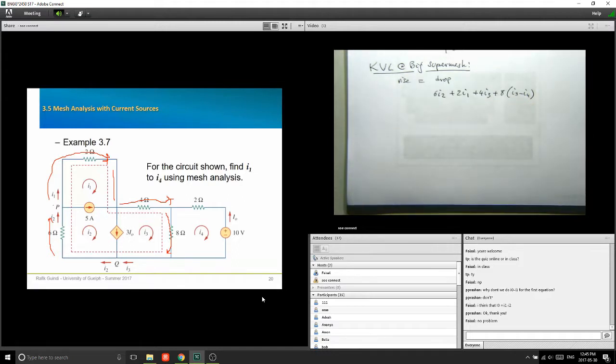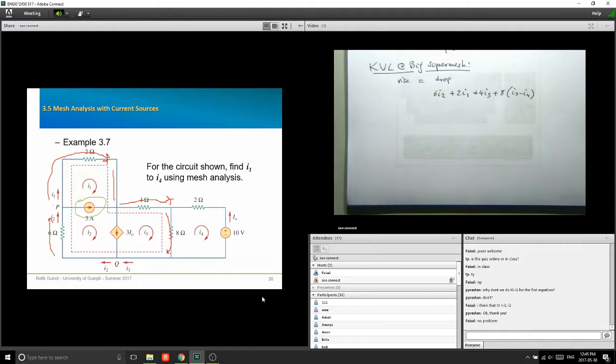Okay? Yes? Well, I have, okay. This is a current source. Okay, so I cannot go around the loop which has a current source.